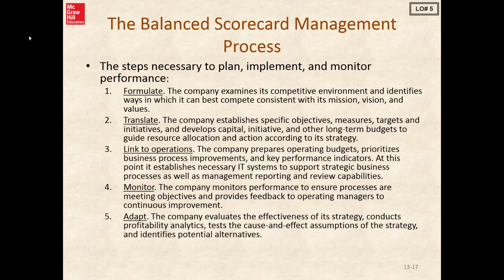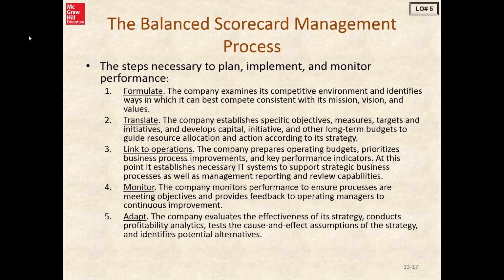3. Link to operations. The company prepares operating budgets, prioritizes business process improvements, and key performance indicators. At this point, it establishes necessary IT systems to support strategic business processes, as well as management reporting and review capabilities. 4. Monitor.